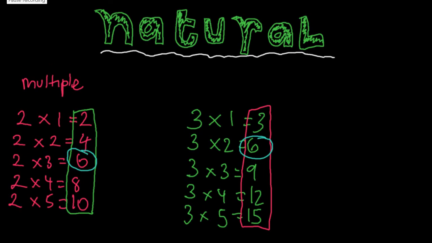In fact, we can say that 6 is the lowest common multiple of 2 and 3, because if we look at our multiples of 2 going from 2 to 6, we can see that there are no other multiples that are common to 3.